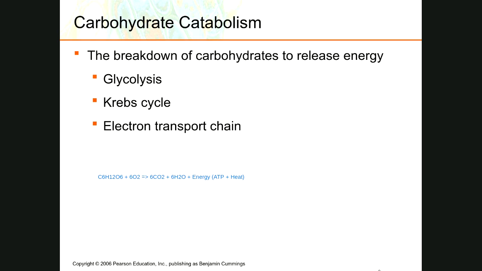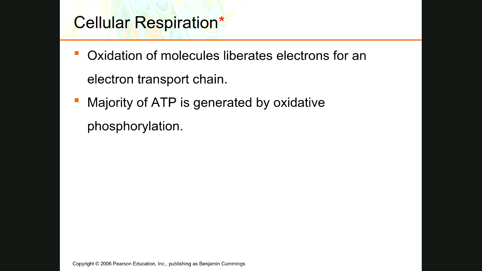Only about 40% is stored as ATP. So we're going to talk about the oxidation of food molecules like glucose to liberate the electrons for an electron transport chain. Because as we'll see, it's all about the electrons. And the overwhelming majority of ATP will be generated by oxidative phosphorylation.